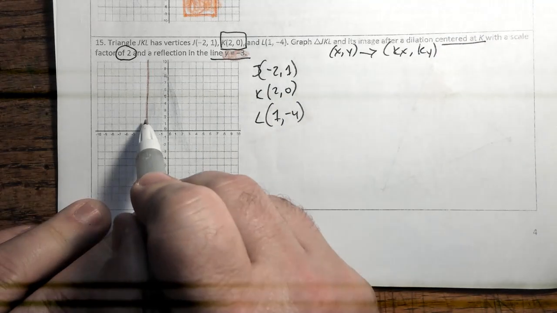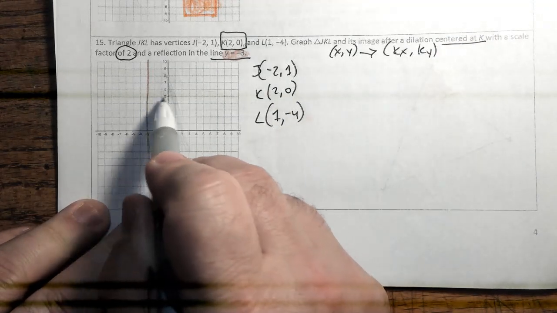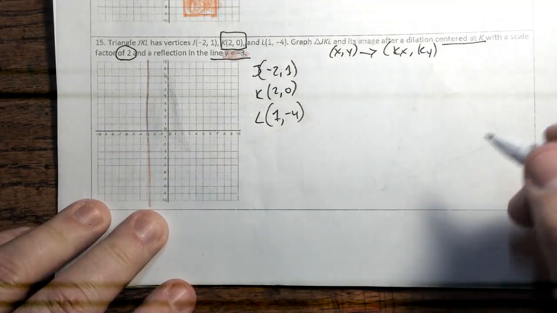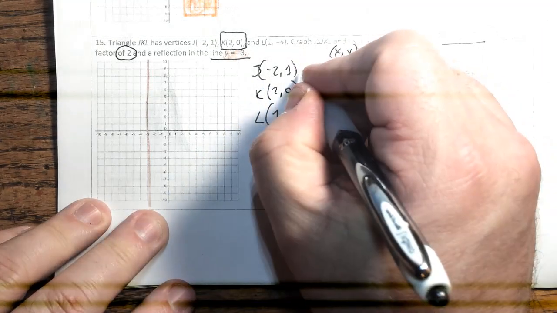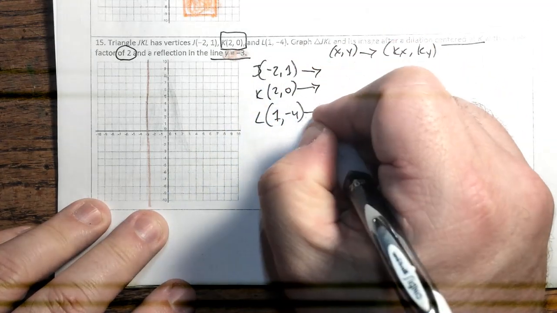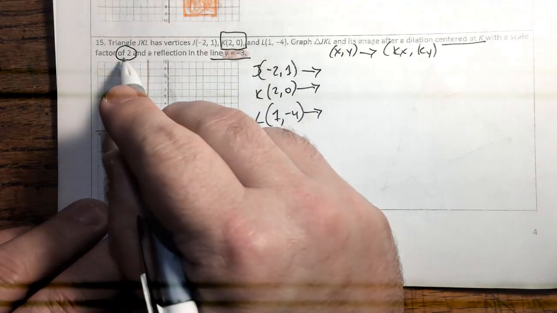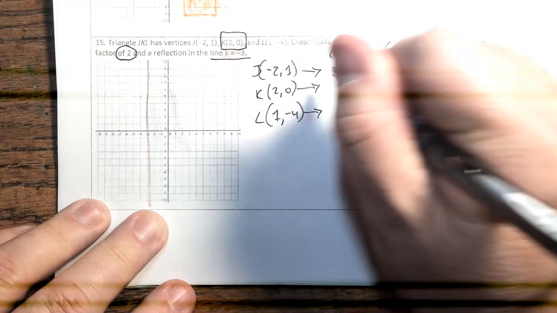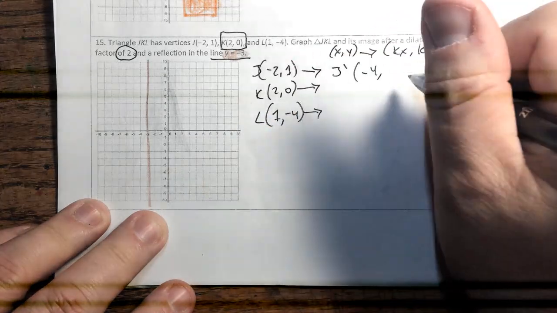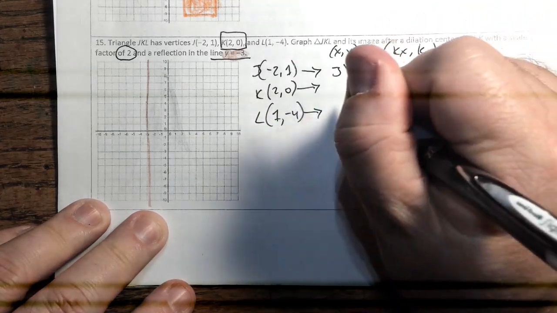And then to reflect, we're going to see how many over we are, and we're just going to reflect. So negative 2, positive 1 for scale factor of 2. So J prime is going to be negative 2 times 2 is negative 4, and 1 times 2 is 2.